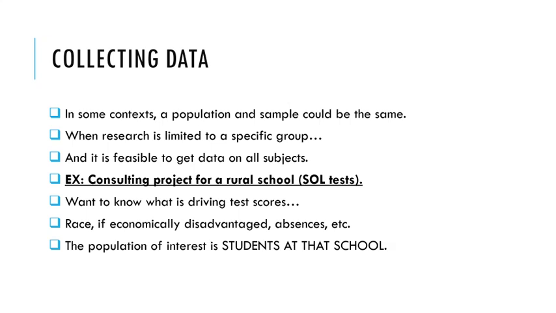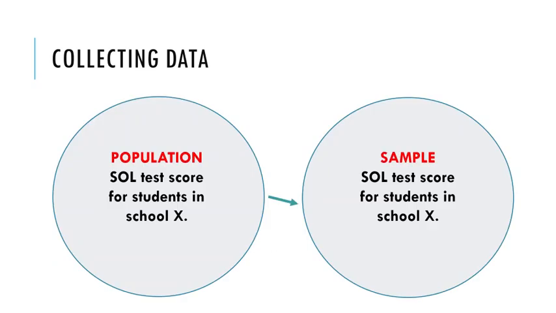Now, the population of interest was students at that particular school. I wasn't interested in every single student across the United States because I was working with just this rural school system. And I was given data on all students at that school. So because I was interested only in students at that school, since I was consulting for this school system, and I was given data on all the students at that school, then do you agree I have a population that's basically equal to my sample?